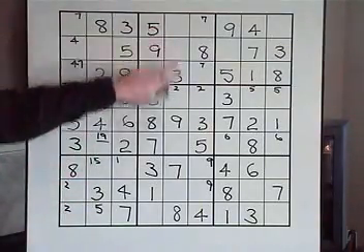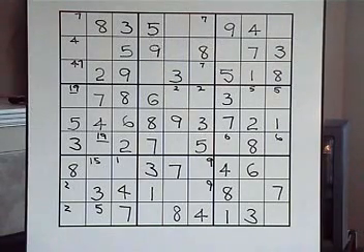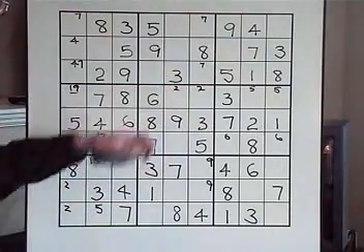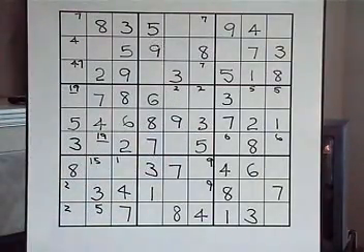Now let's go to the middle set of vertical blocks. 1s. Too many cells empty. 2s. Gosh, I don't see any 2s. 3s. They're all there. 4s. Well, here's an interesting situation.